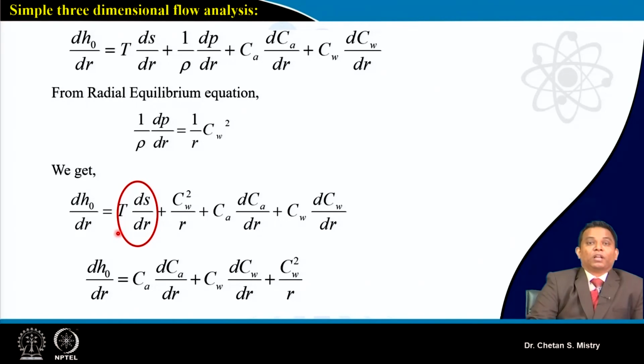Many times, if we consider transonic flow, because of the presence of shock formation we will have more losses, and under that condition people consider this term when they are doing the calculation.